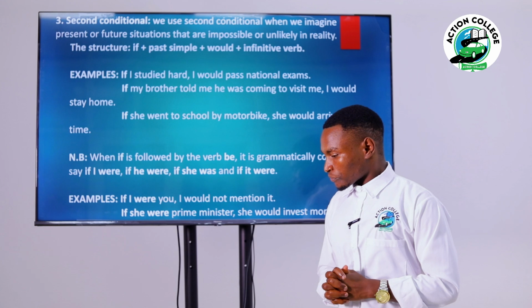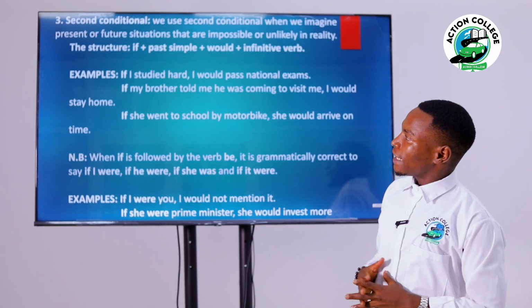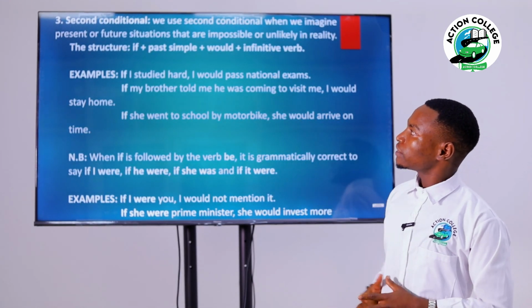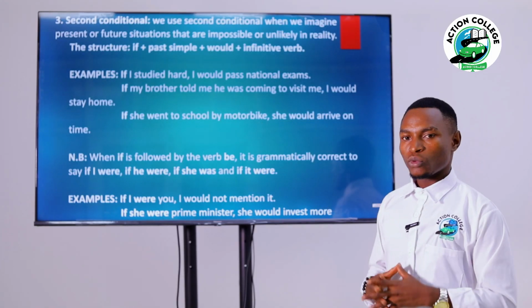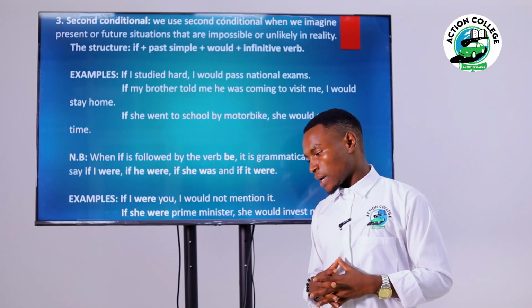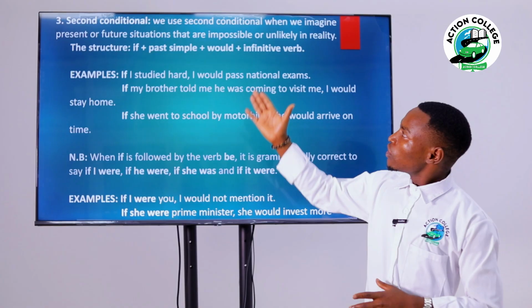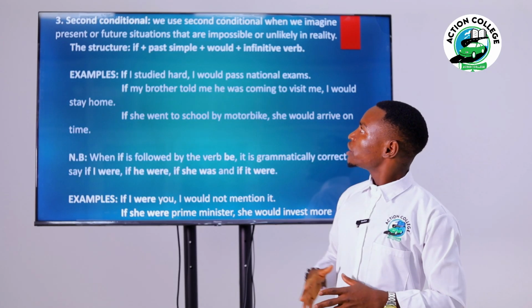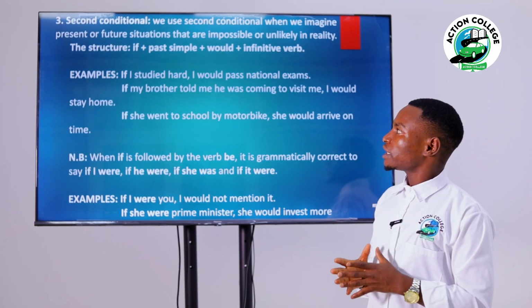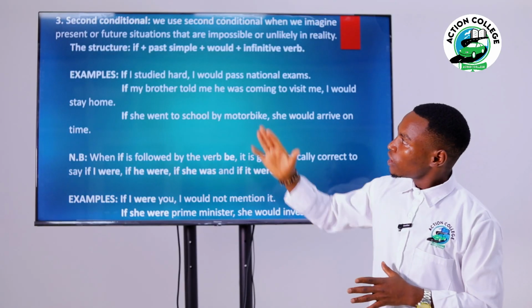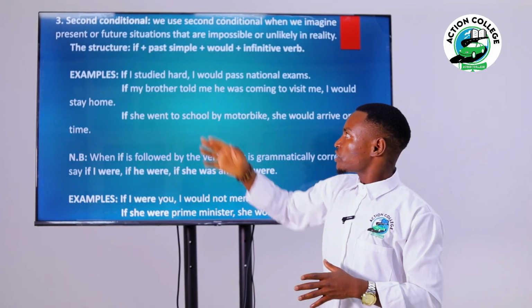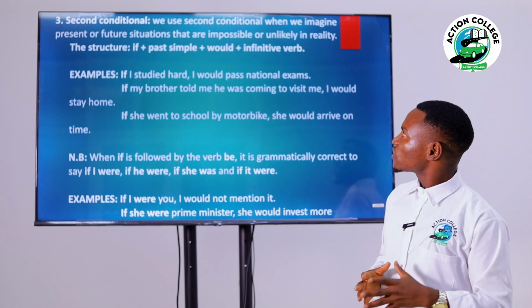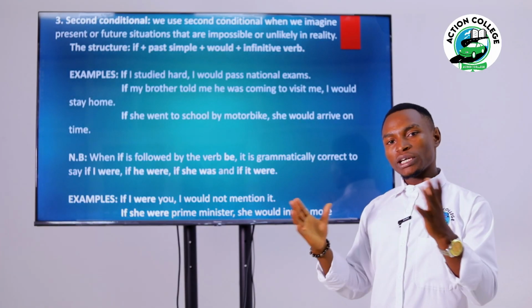So the next conditional is second conditional. What is second conditional? As you can see, we use this type of conditional when we imagine present or future situations that are impossible or unlikely in reality.